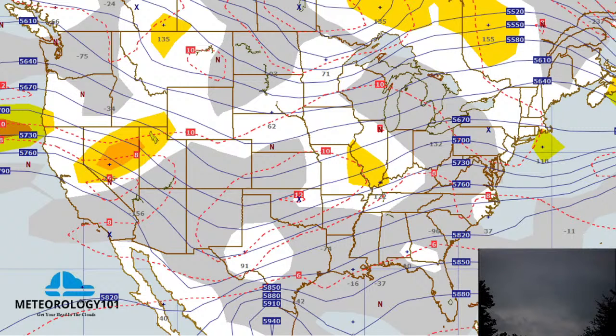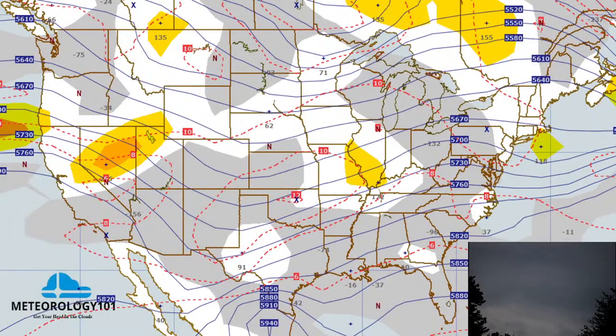Let's go up to 300. We'll pull a 300 millibar jet stream, and we'll pull 300 millibar moisture. See if we got moisture at 30,000 feet, and then we'll pull a 300 millibar jet stream and see what we got from there.